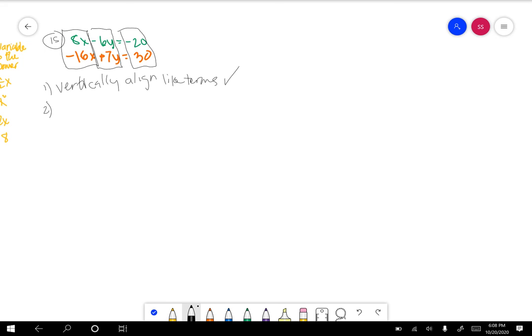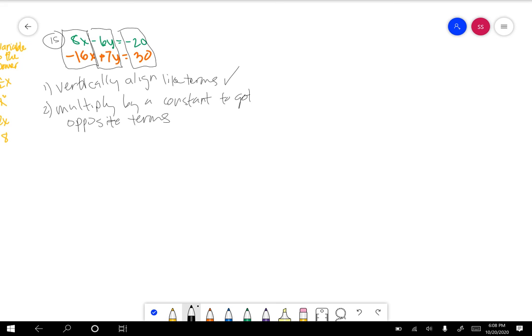Step 2 is to multiply by a constant to get opposite terms.